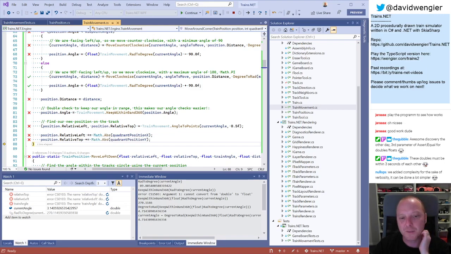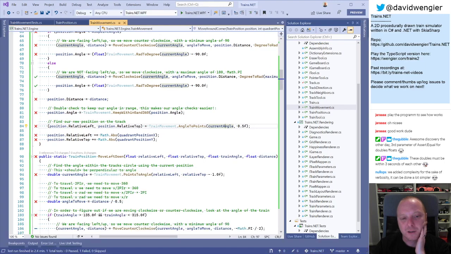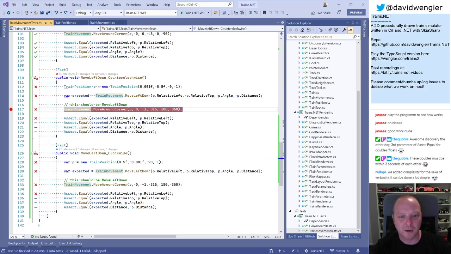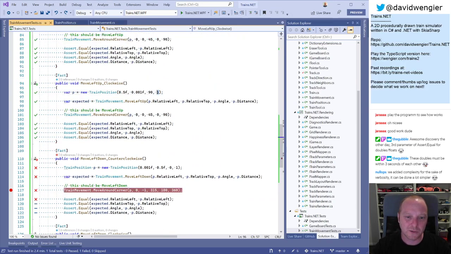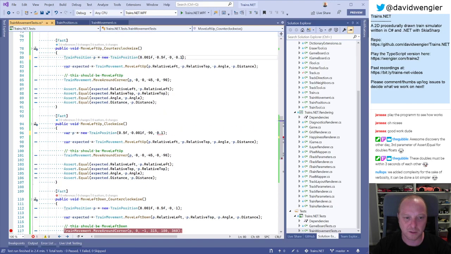But so left has come out negative when our current angle is pi. Yeah, actually, I don't think our current angle should be pi. Let's try a much smaller distance and see what happens.